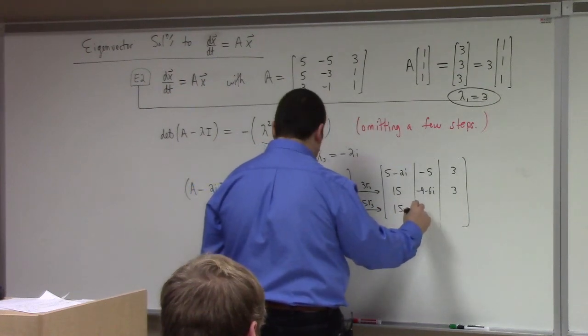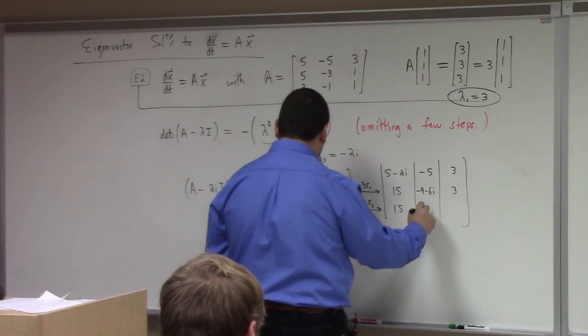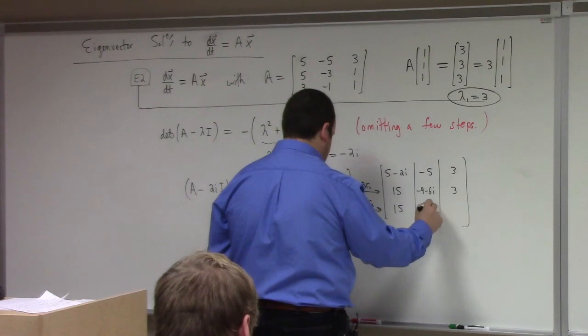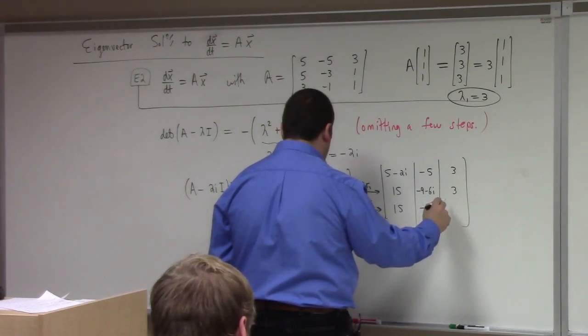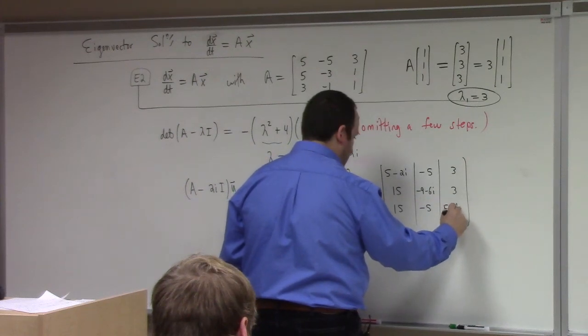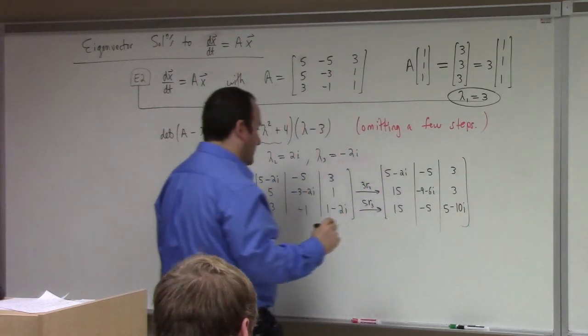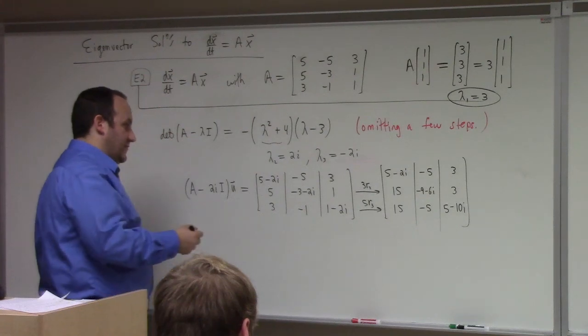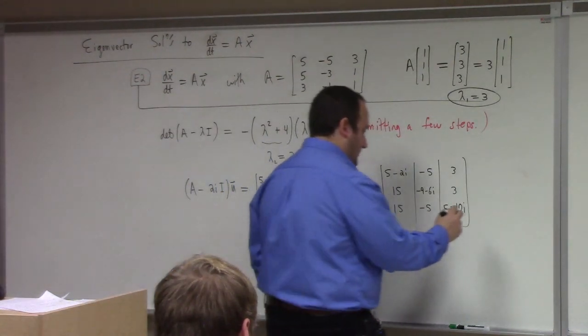Then I can eliminate one of the variables from the third row, and that'll give me a simplified equation, which maybe will be enough to finish this. We'll see. So then I can take row 3 minus row 2.